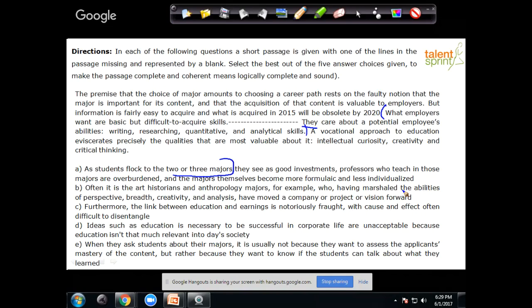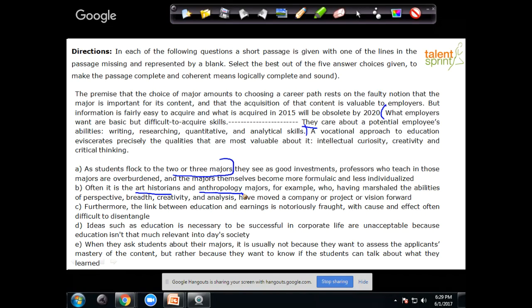So here it is talking about a specific set of majors, the students who major in art. That again is irrelevant here because we are generally talking about what employers want and expect. We're talking about basic but difficult to acquire skills.